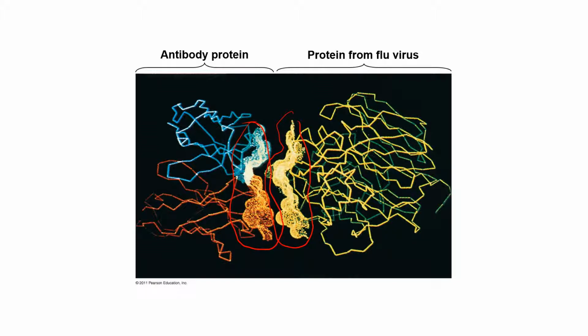This portion of the antibody recognizes this portion of the virus. This is how our immune system detects foreign bodies, because this antibody is produced to target some specific foreign substance. In this case, specifically this flu virus, and specifically this protein of this flu virus, and specifically this portion of the protein of this flu virus.